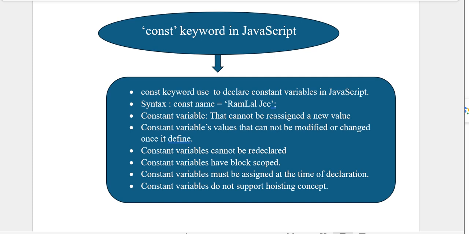What is the difference between the let keyword and var keyword? We also discussed declaration versus definition, and the difference between local variable and global variable. So in the previous video we discussed all these things.